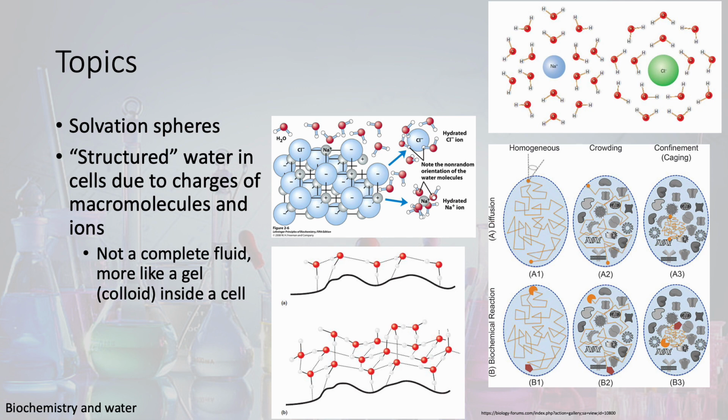So we care about the order of water molecules around ions as well as the size of solvation spheres around certain ions. And so I wanted to take this opportunity to also discuss one of the reservations we have when we talk about certain components of the inside of a cell.